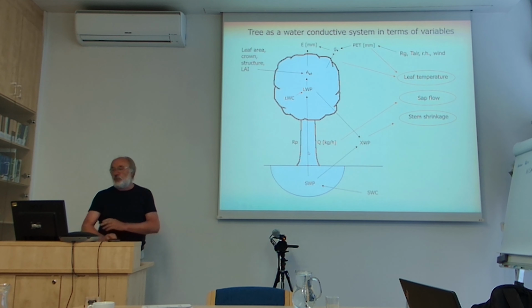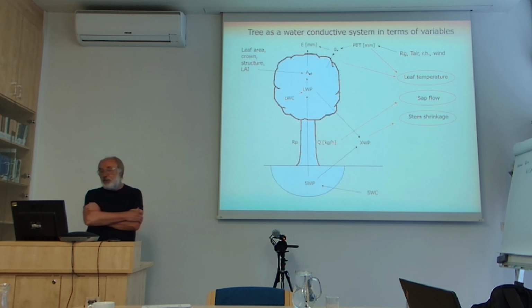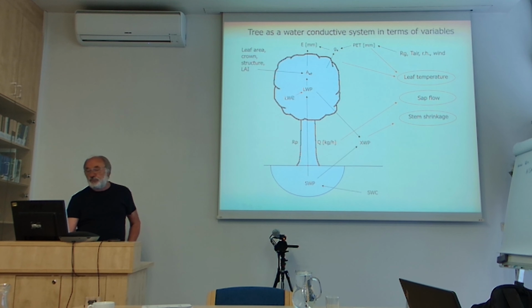One of the main important variables is the sap flow, which is passing from the soil to the crown. And the sap flow is driven by the differences between the leaf water potential and the soil water potential.